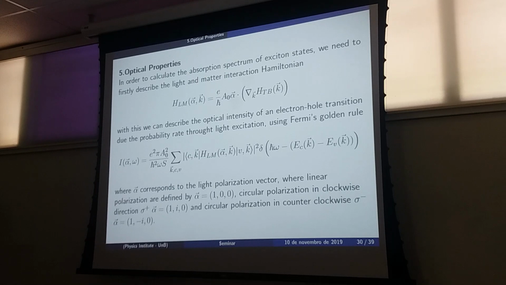And tight-binding is very fast, so you can use a big k-point grid, and you can do some kind of inverse analysis. And here I put the light polarization in my work. I consider 3 kinds of polarization: linear polarization, clockwise circular polarization, and counterclockwise circular polarization.